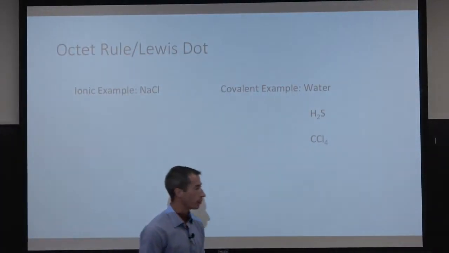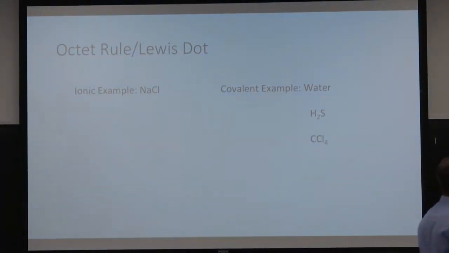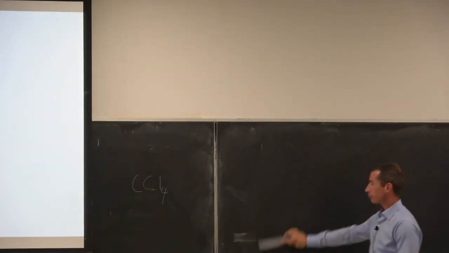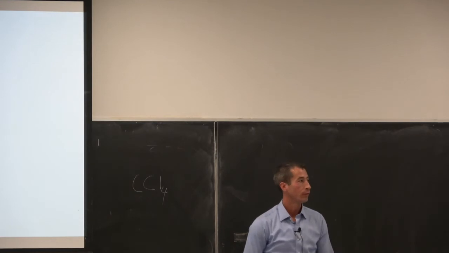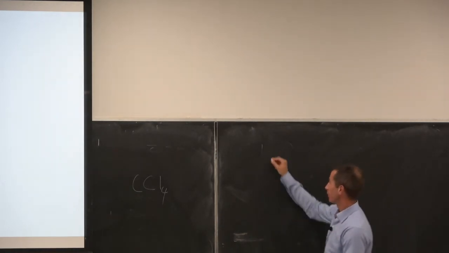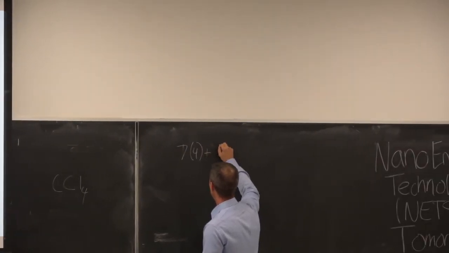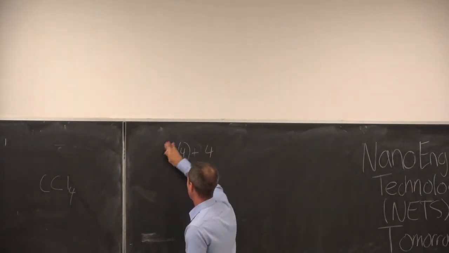What about carbon tetrachloride, CCl4? Can do that one really quickly. Chlorine has 7 times 4 plus the 4 from carbon.